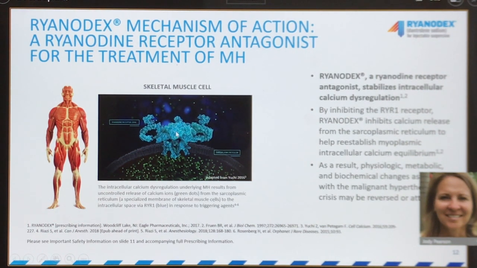And when this ryanodine receptor is stimulated by the triggers, it releases all this calcium. These green dots are all calcium ions. And it's released in an uncontrolled manner. And so what Ryanodex does is it inhibits calcium release and helps to reestablish the calcium equilibrium. So that is how dantrolene works.